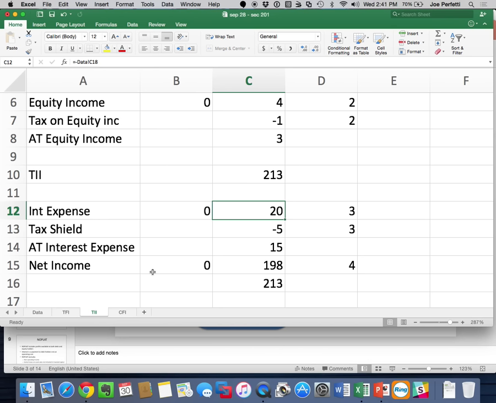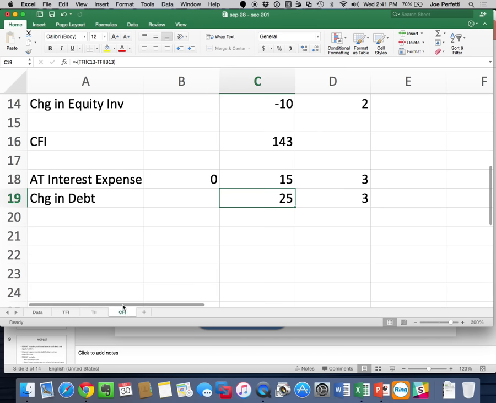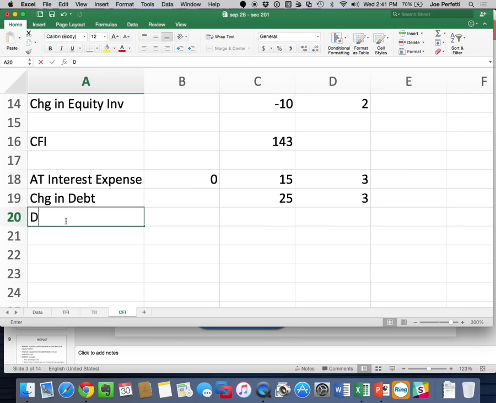This is the trick. On the TII, to get my reshuffled income statement to balance, I reconcile with net income. But on the cash flow statement, I don't necessarily pay out that. What I pay out, the cash payout, is called a dividend. So this is trick number 1. The income statement impact on the cash flow is the dividends.